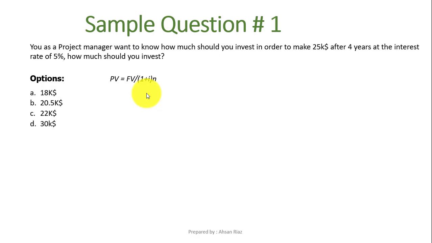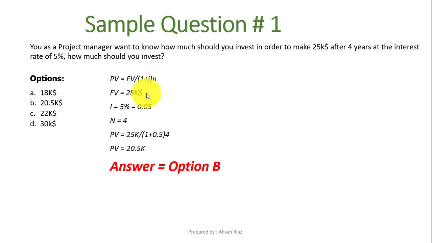Future value is $25,000, i is 5%, that is 0.05, n is 4 years. If we apply this to the equation, this becomes 25,000 divided by 1 plus 0.05 raised to power 4. This becomes 20.5, and this is option number B in our given options.